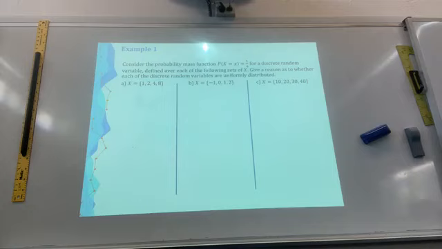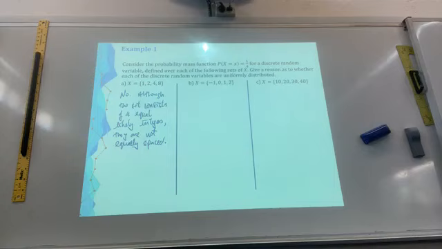Can we say that it's uniformly distributed? No, because it's not equally spaced. 1 to 2, the difference is 1. 2 to 4, the difference is 2. 4 to 8, the difference is 4. So the answer is no. Although the set consists of 4 equally likely integers, they are not equally spaced. So it is not.